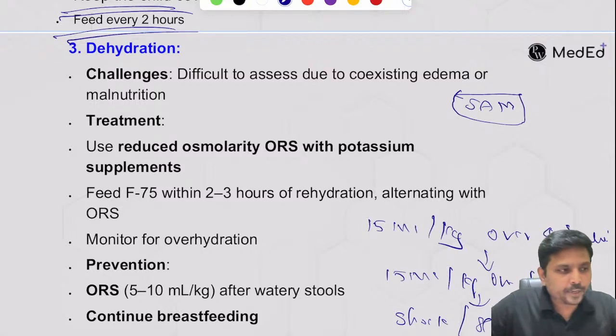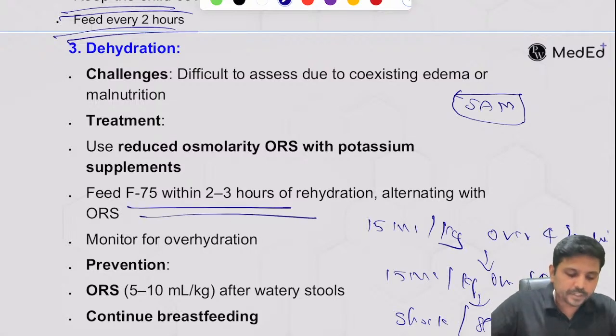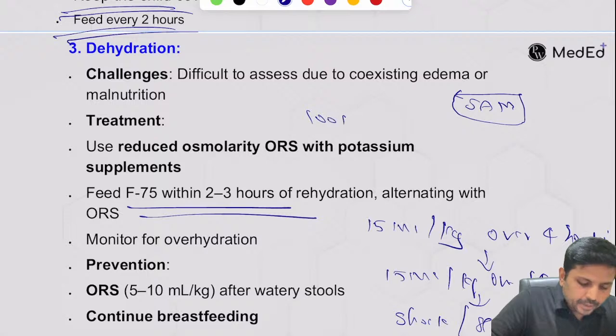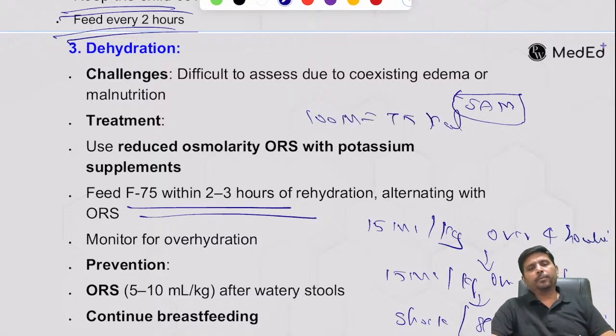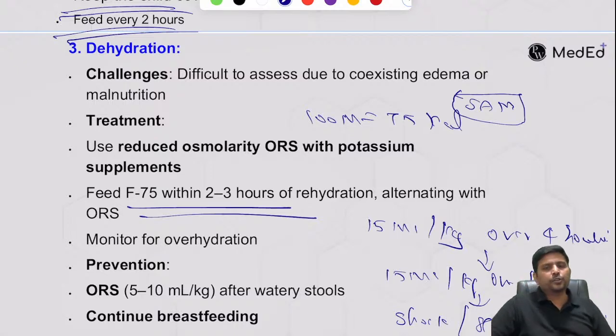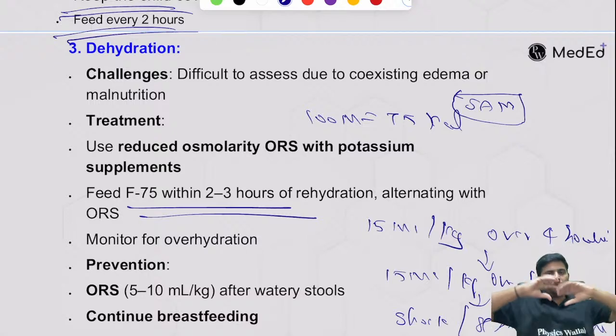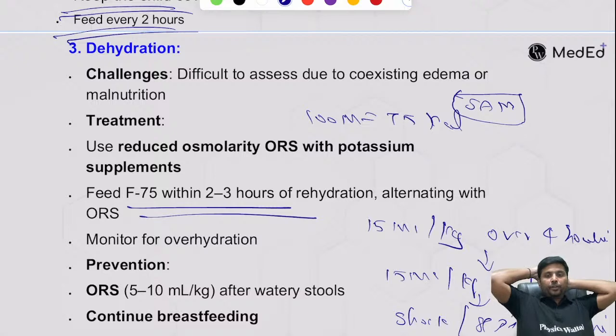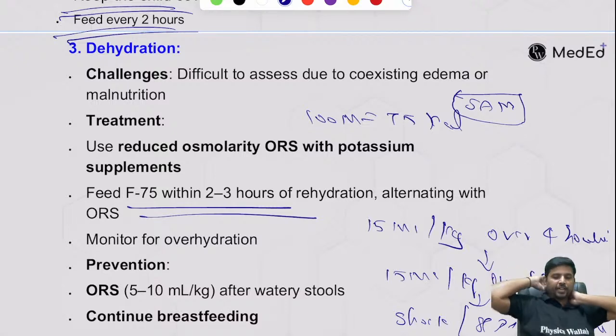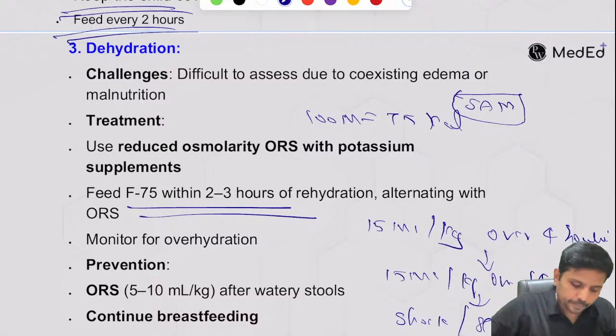Okay, so initially I told you F75 formula, which contains 75 kilocalories per 100 ml. Why F75 formula? Because high nutrition should not be given to the baby in the first stabilization phase. When you give high quality protein, it will lead to nutritional recovery syndrome like that.